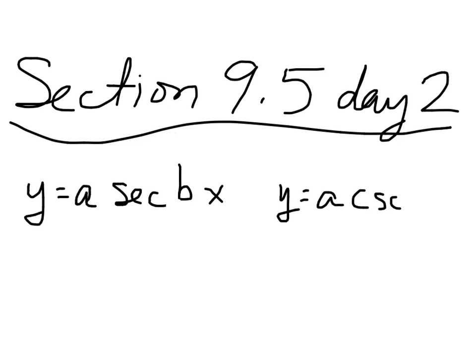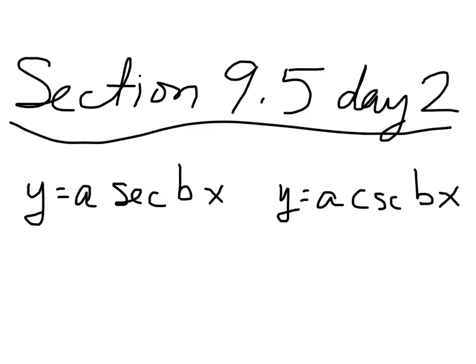Quick question to remind you of the first part of the chapter: secant was the reciprocal of the cosine, good, and cosecant was the reciprocal of the sine. So we're going to have curves that are not like the snake curves that you stuck your hand out the window for, but they're going to be based off of those.